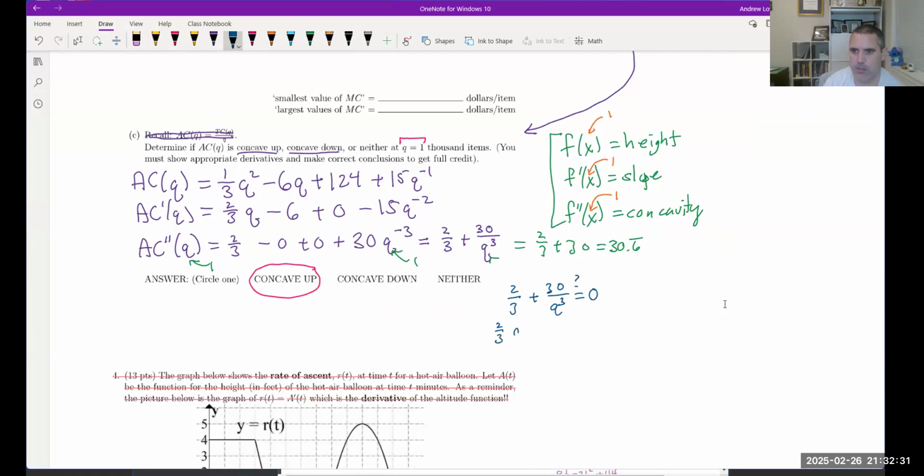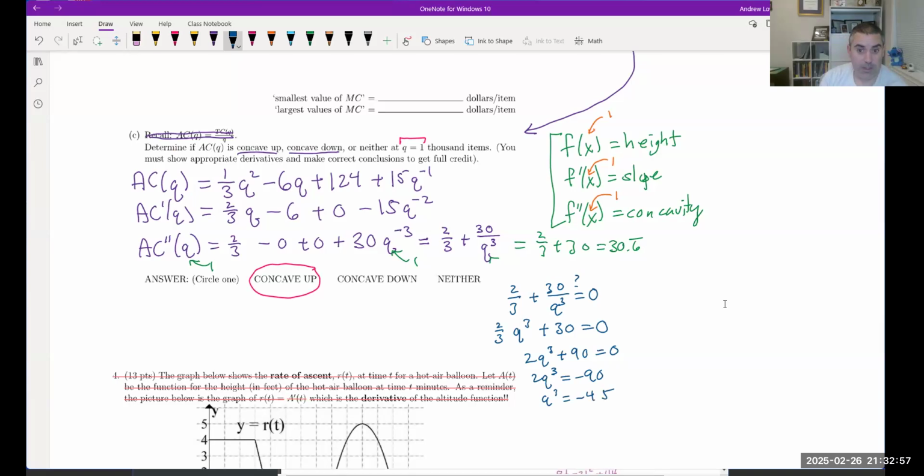Actually, I'd also multiply by 3 because I don't like fractions. So it'd be 2q cubed plus 90. Oh, that gives me like a negative number. So that was certainly not the intention. It's some messy number.